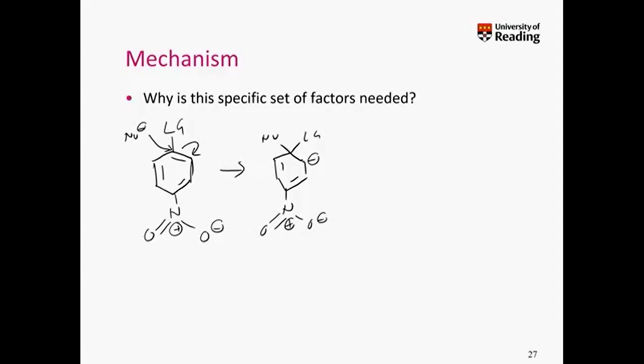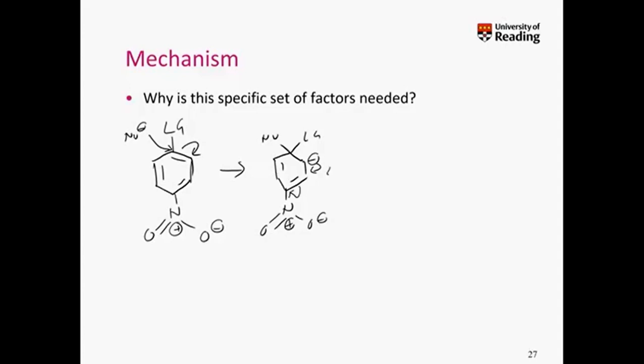So what happens next? Well, just like with the resonance structures we did before, we can do resonance structures here. What's really important is to show that this negative charge can form a double bond here, which means that this carbon would have too many bonds, so it would break its bonds down to here.